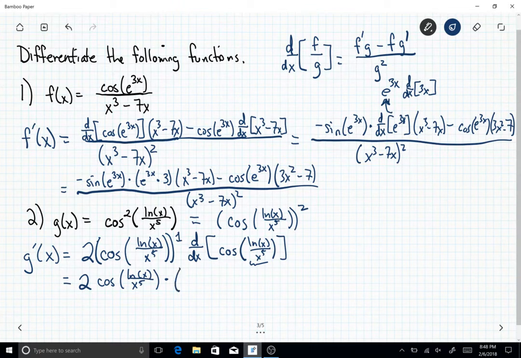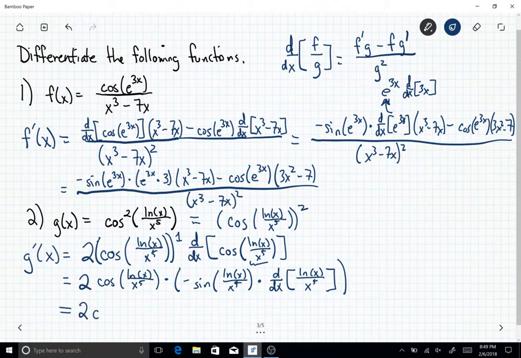So this would be negative sine of, we remember we still write the g of x inside, so whatever's inside we just write it again. But then we have to use a chain rule once again to take the derivative of natural log of x over x to the 5th. But notice that's a quotient rule problem. So we have a quotient, we'll use the quotient rule.